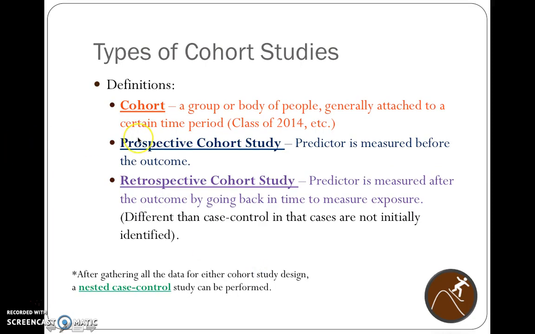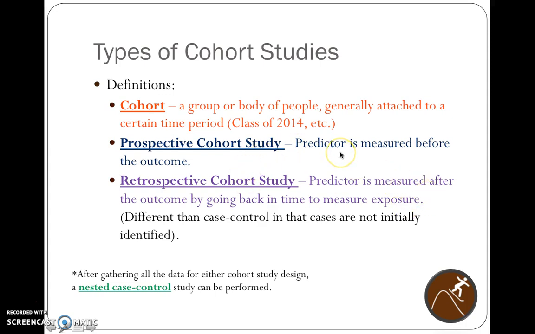So the different kinds of cohort studies, we talked about prospective, retrospective, and ambispective. The cohort itself is just a group of people generally attached to a certain period of time, the people that all are enrolled. And in the case of a prospective cohort study, the predictor is measured before the outcome. So maybe we're interested in whether or not people get diarrhea after swimming at the beach.